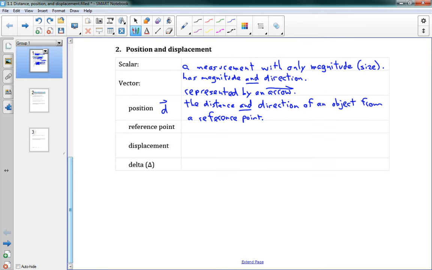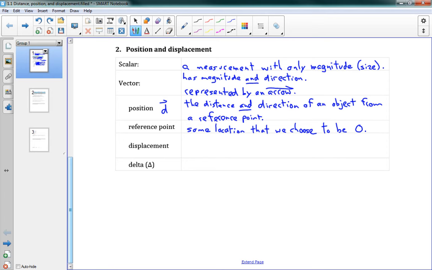Now, by reference point, I mean just some location that we choose to be 0. So when we talk about an object's position, we always need to say it's at this position relative to home or relative to the school. There's some reference point. Okay, so that's position.